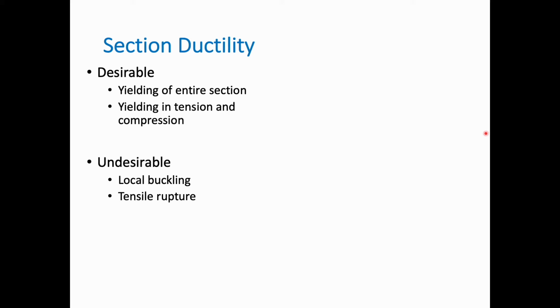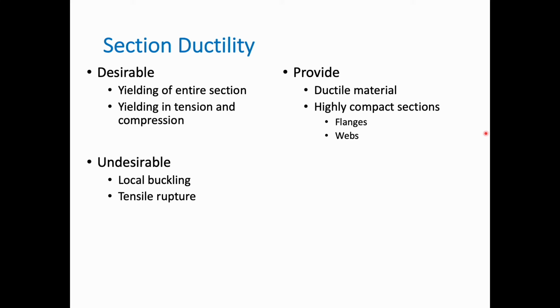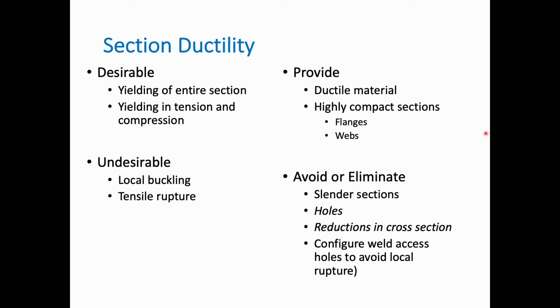So in order to achieve the desirable, we need to provide a ductile material, and we have to have highly compact sections with flanges and webs. In order to avoid the undesirable, we have to avoid or eliminate slender sections, holes, and reductions in the cross sections.